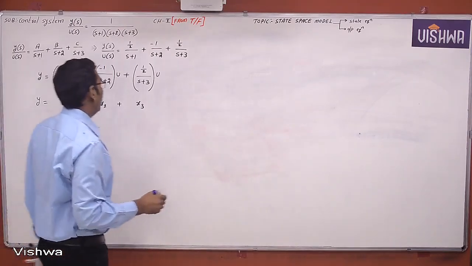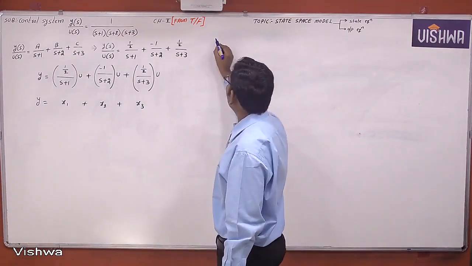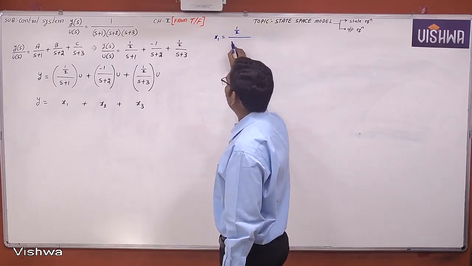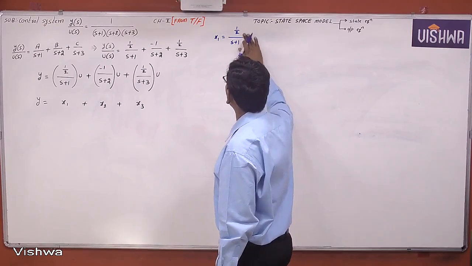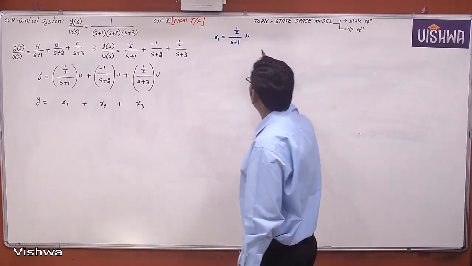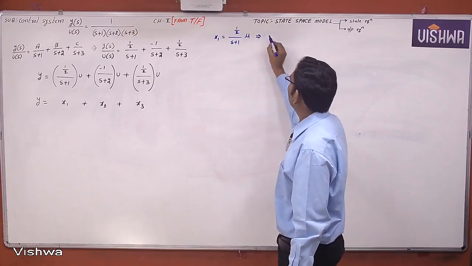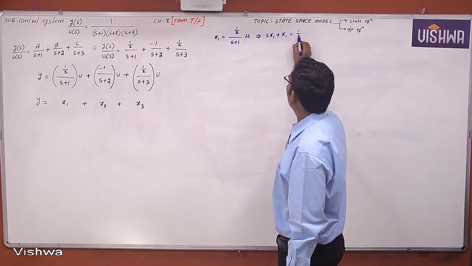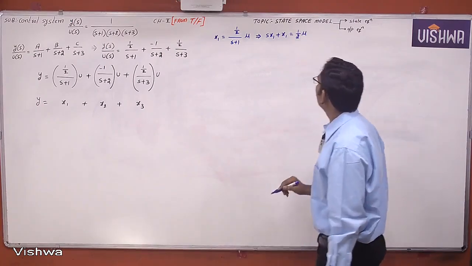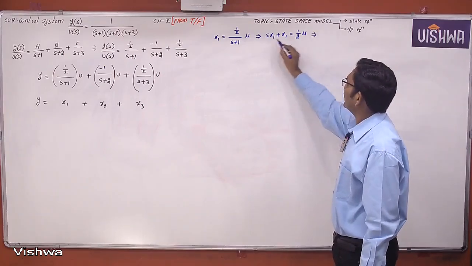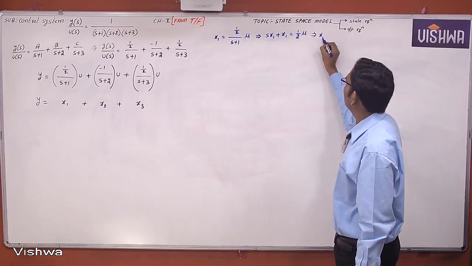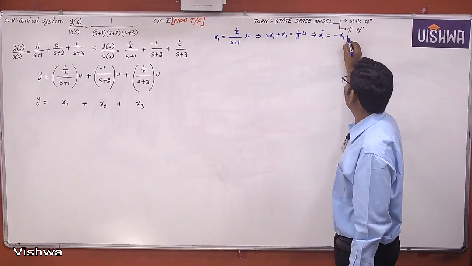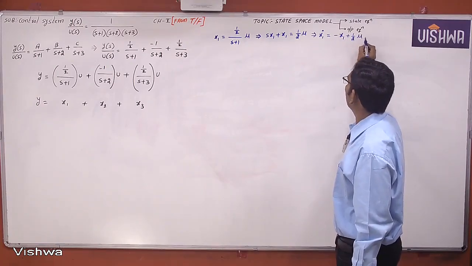Now what is X1, X2, X3? X1 is equal to 1/2 by (s+1) into U. So sX1 plus X1 is equal to 1/2 into U. So sX1 is X1 dot, which is equal to minus X1 plus 1/2 into U.